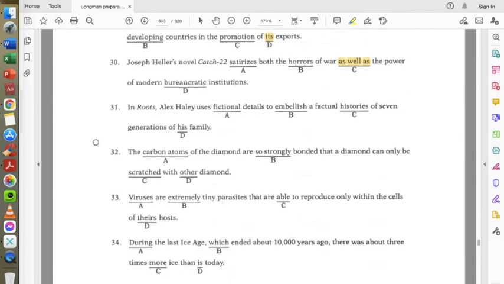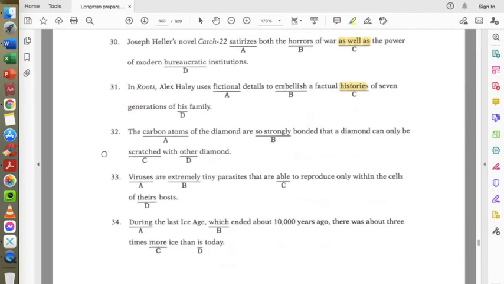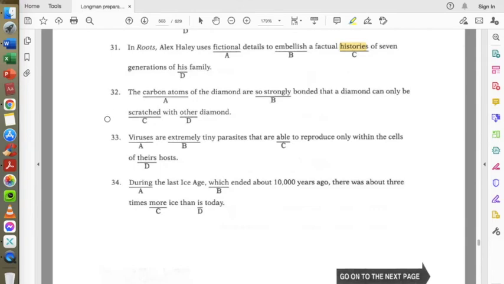31. In Roots, Alex Haley uses fictional details to embellish a factual history, singular factual history. We've got a singular article, factual, we need to have history because of the singular article. 32. The carbon atoms of the diamond are so strongly bonded that a diamond can only be scratched with other diamonds.